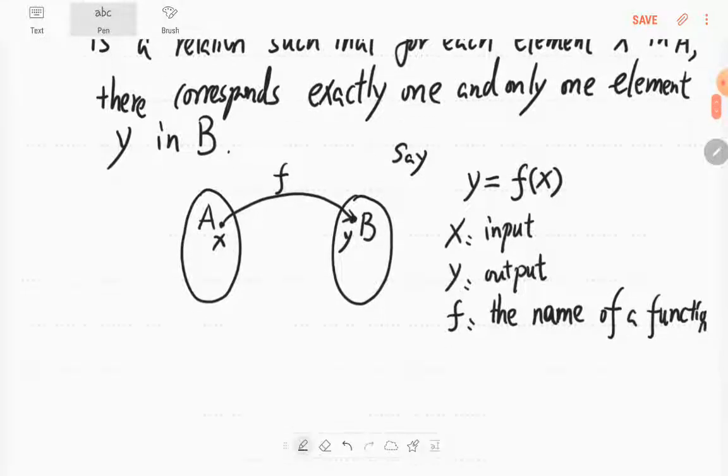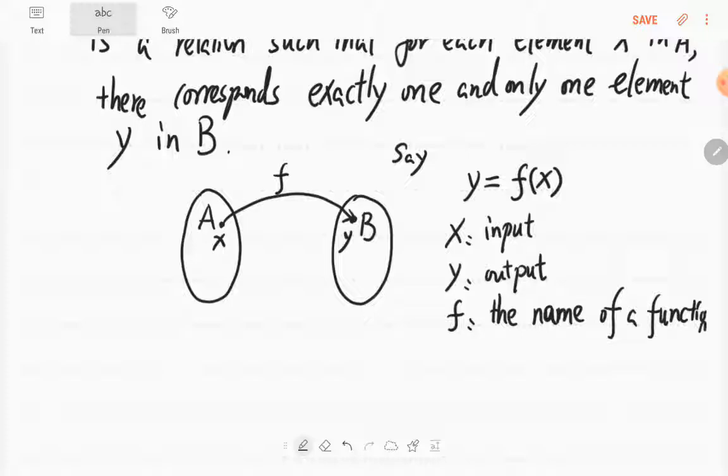You can use any other letters to replace this f, like sine, cosine. So f is just a name. It just tells you that if the input is x, then after some process, the whole process is called f, and you will get an output y.